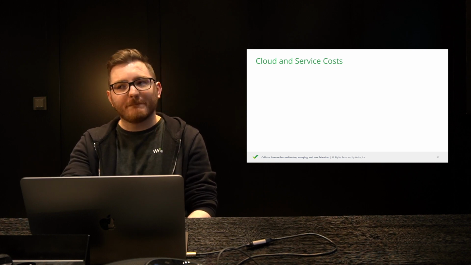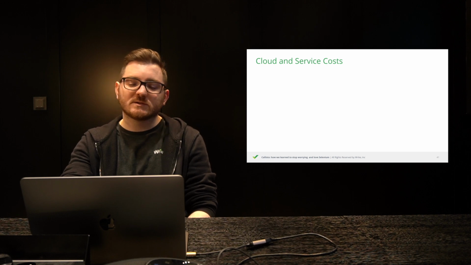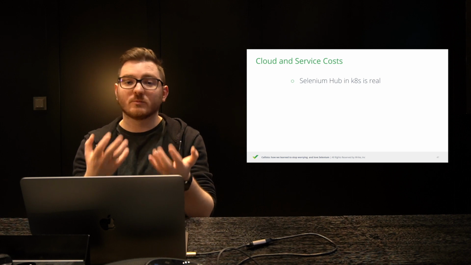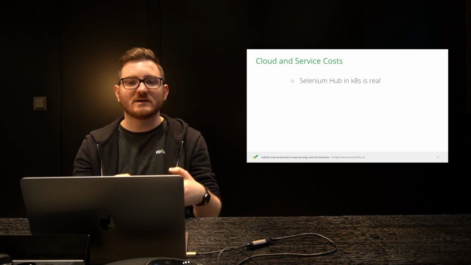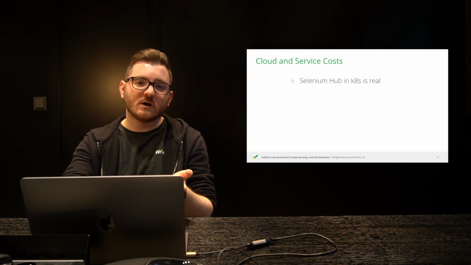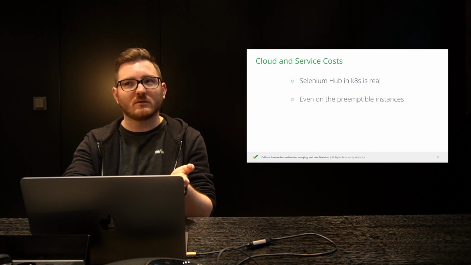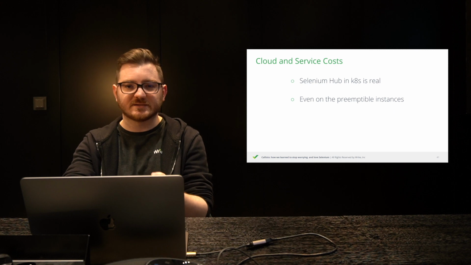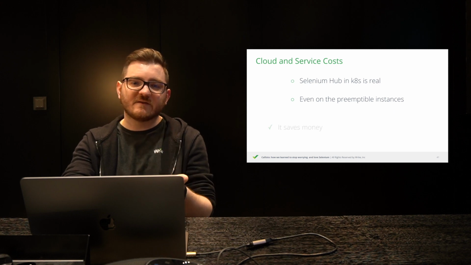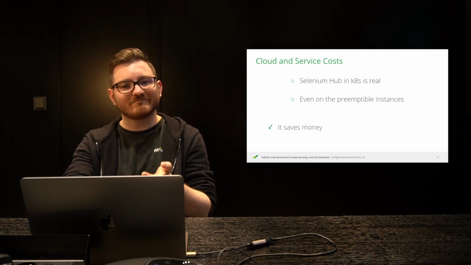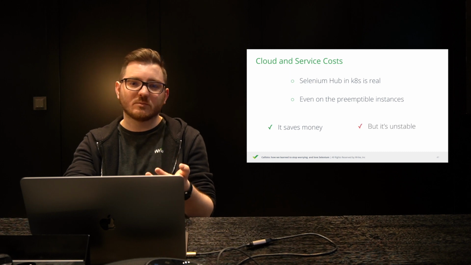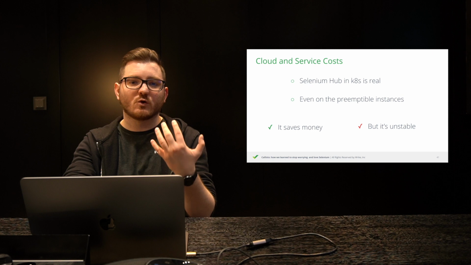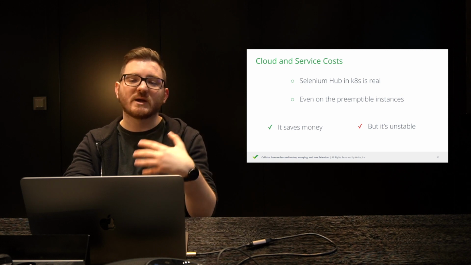Selenium Hub, Selenium Grid in Kubernetes is real, even on preemptible or spot, if you prefer, AWS instances. It can save you money, but it's a really unstable solution. You need huge efforts from your operations teams to make it work.